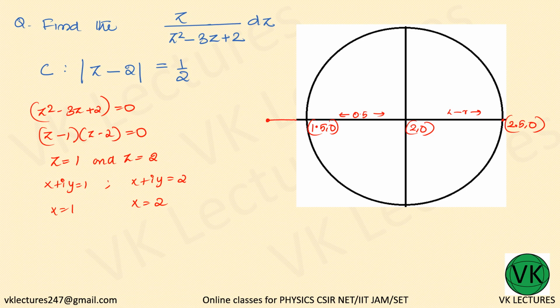The point x equal to 1 is outside the contour C. Our contour is only what is inside this circle, so x equal to 1 can be neglected. And x equal to 2 is somewhere here, and this is the point we need. At this point the function is not analytic, so this is a singular point.